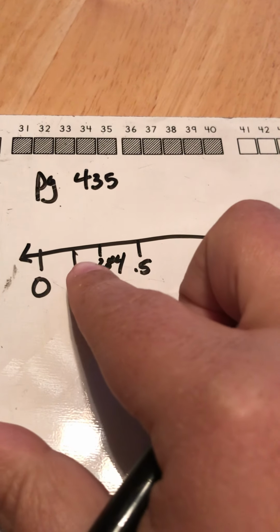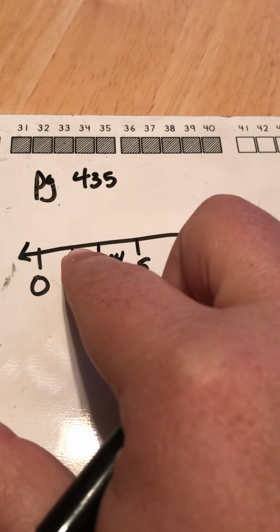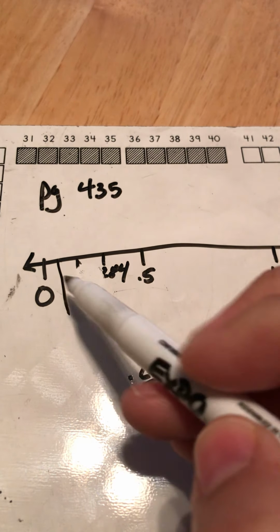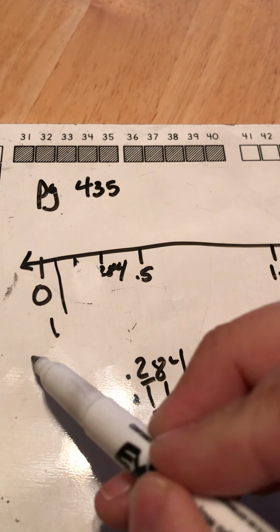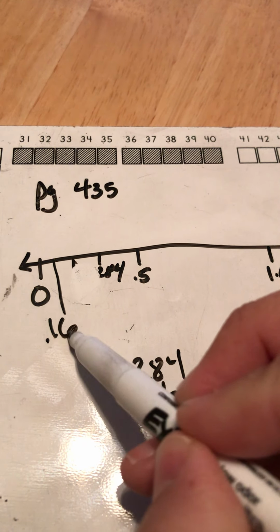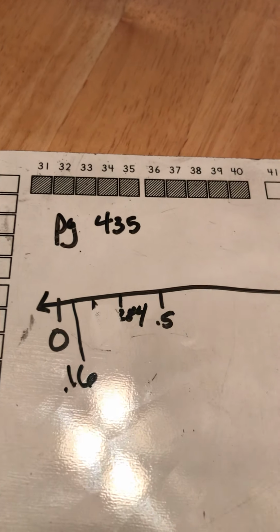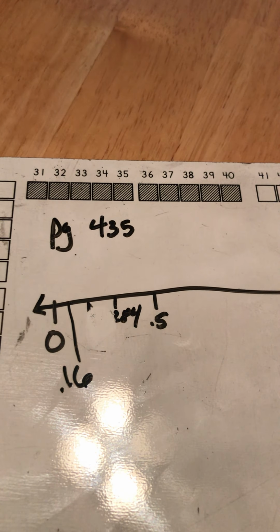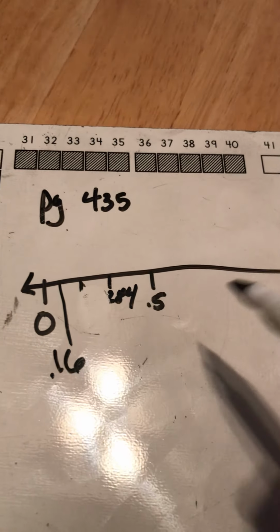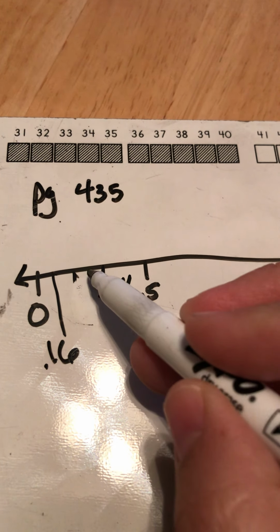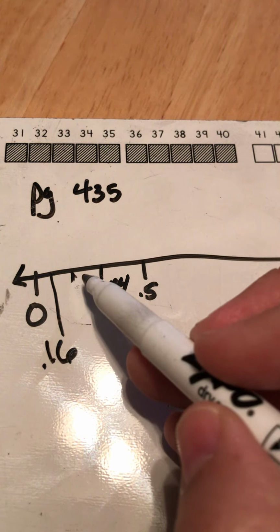Actually, let's move that over just a tad. There we go. 235 thousandths. It's a good thing we moved that over, because that would be 235 thousandths.